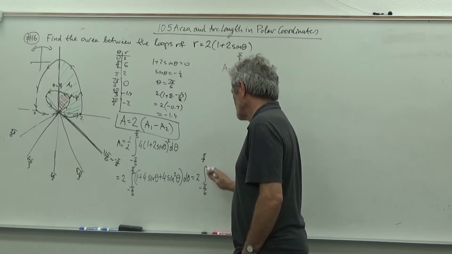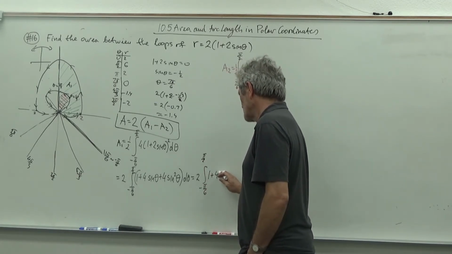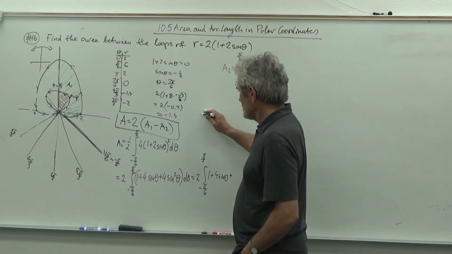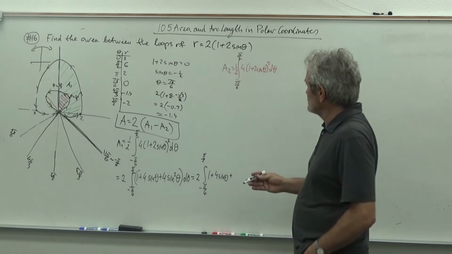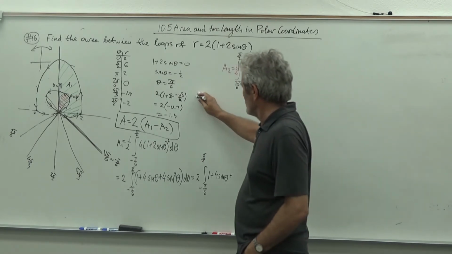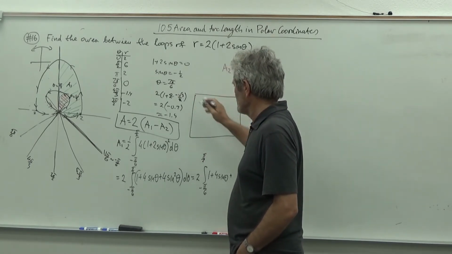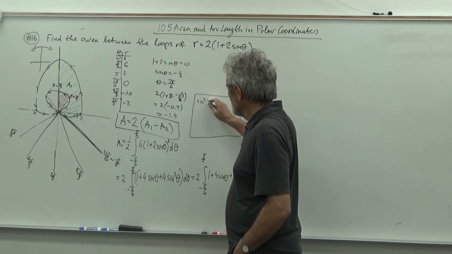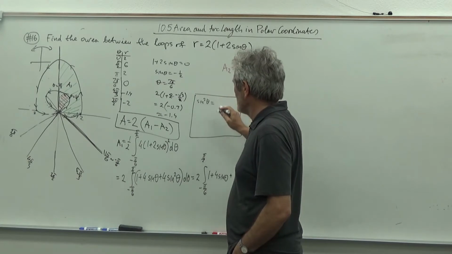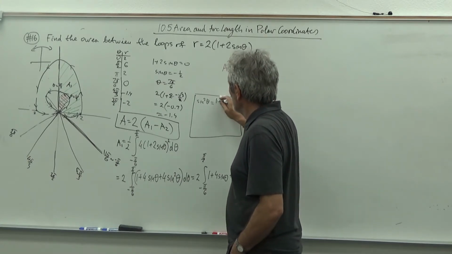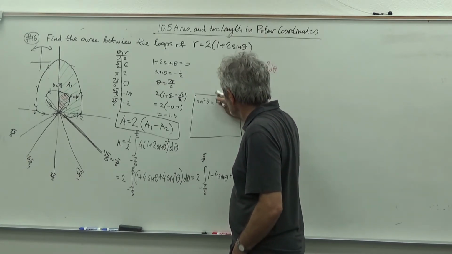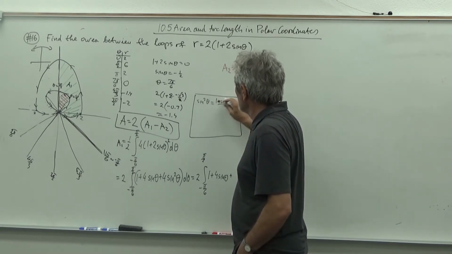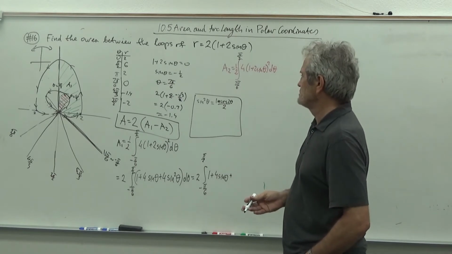Pi over 2, 1 goes here, 4 sine theta, now a little trick. It depends which part of the story you know about. Here's a little box. We very often use, when we have sine squared theta, the reduction formula: 1 minus cosine 2 theta over 2.